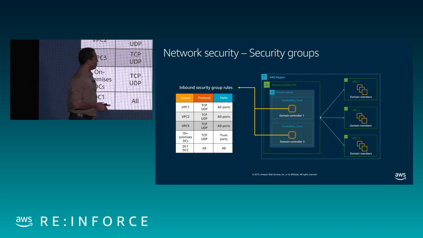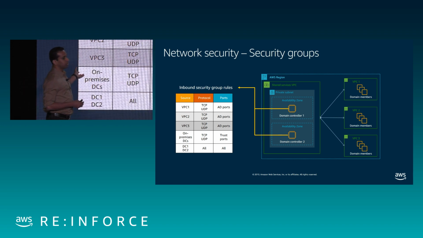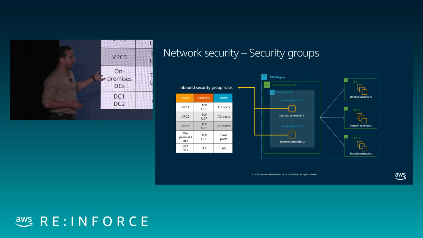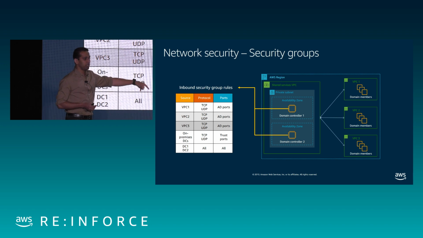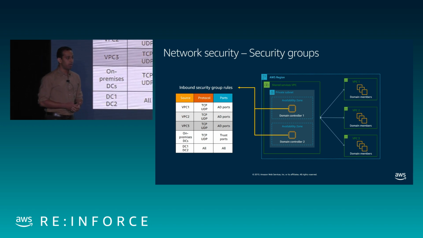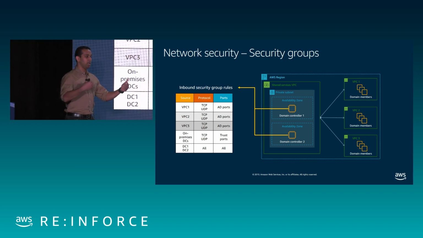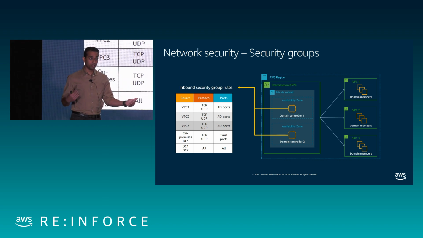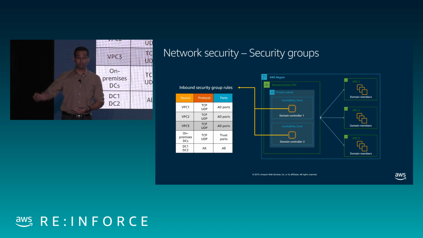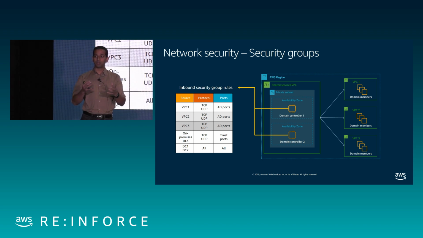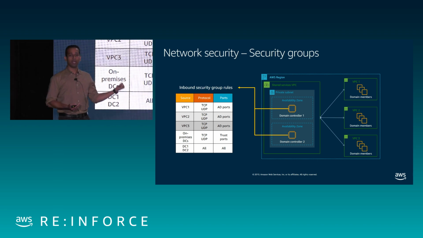So in this example, let's talk about how the security groups work for the AD. The first thing we want to do is allow AD ports from all these VPCs that have domain members. Security groups have a limitation on the number of rules you can add, so we don't want to get down to writing rules based on individual members or hosts. We want to write them based on subnets where you have hosts that require AD services.